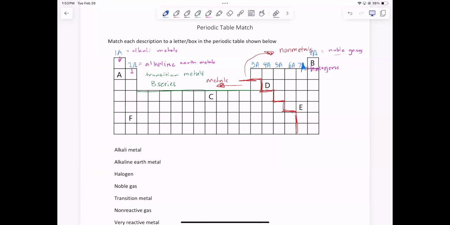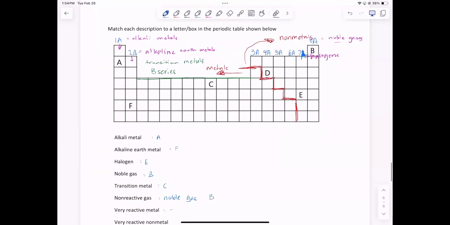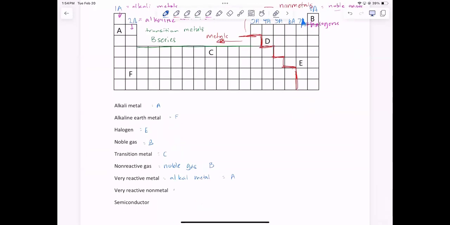So we know that an alkali metal would be A, and an alkaline earth metal would be F. A halogen would be this E, and the noble gas would be B. A transition metal would be anything in that B series, so that's C. A non-reactive gas would be a noble gas, so that's B. And a very reactive metal is an alkali metal, in family 1A all the way over to the left, or A. A very reactive nonmetal is the definition of a halogen, so that's family 7A or E.